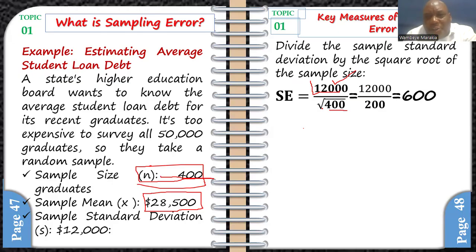When you take the root of 400, it will be 200, and when you divide 12,000 by 12, you get 600.